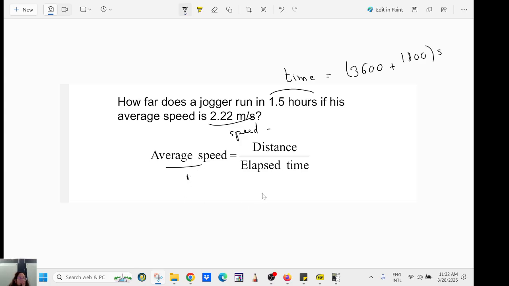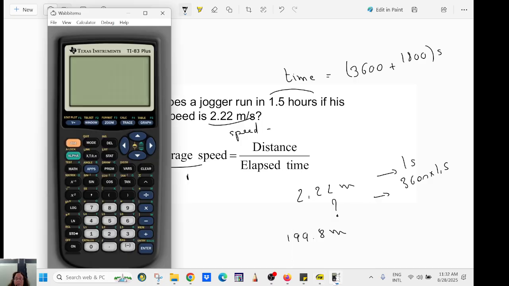You want the distance. You can do it this way, 2.2 meters for 1 second. So if you have 3600 times 1.5, question mark, you cross multiply and divide and you get 199.8 meters.